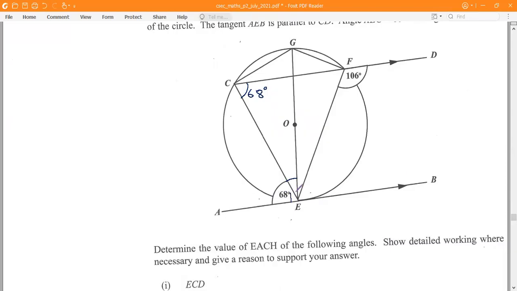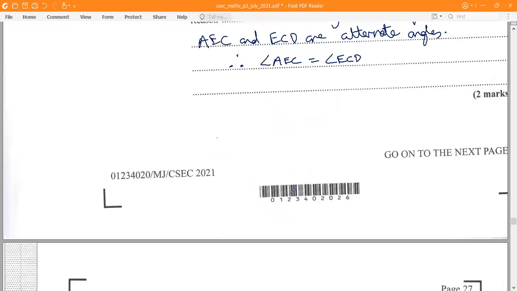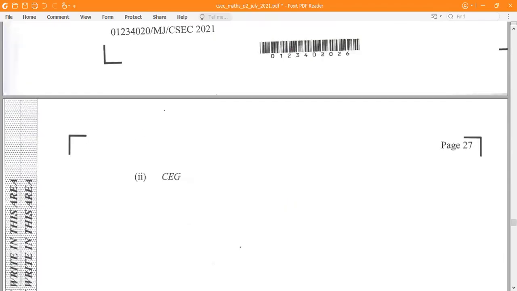There's a theorem that says that the radius and the tangent meet at a 90-degree angle at the point of tangency. So to work out angle CEG, we say 90 degrees take away 68 degrees, and we get 22 degrees. That's the answer for this angle.